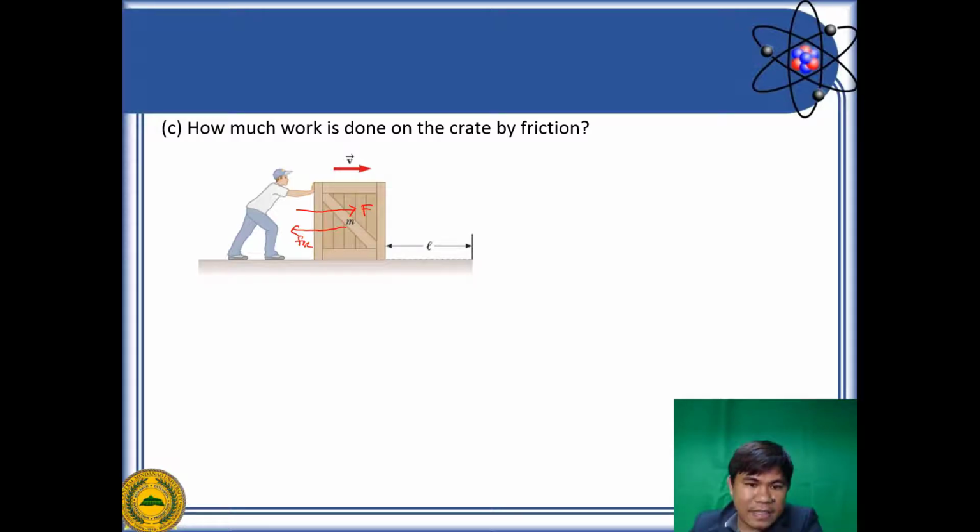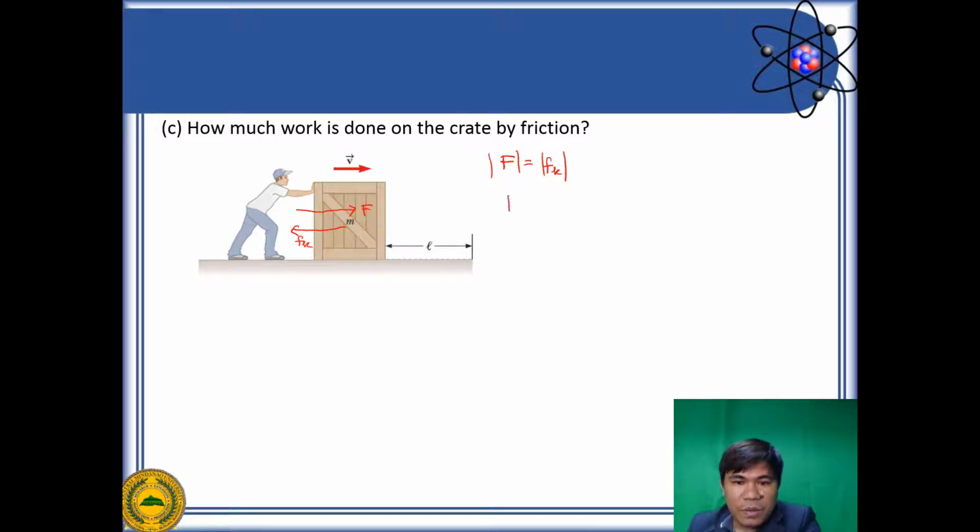So notice that the amount of force created by this human being towards the box and the kinetic friction that resulted from the interaction of the ground and the box is just the same. I'm talking about the magnitude. The magnitude of the two forces are the same. However, the direction is different.